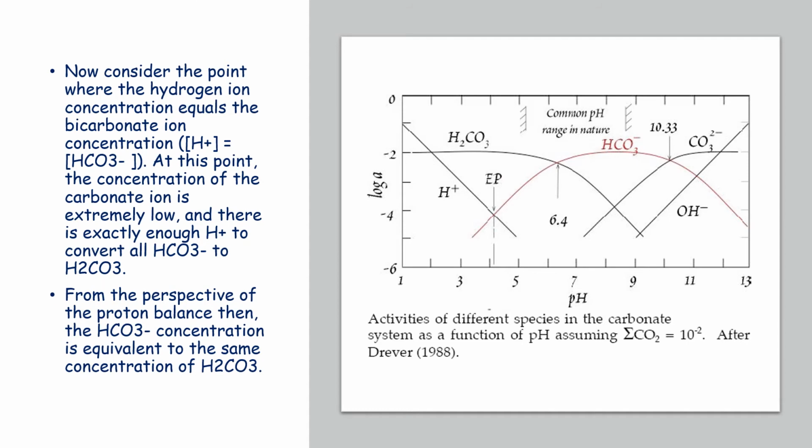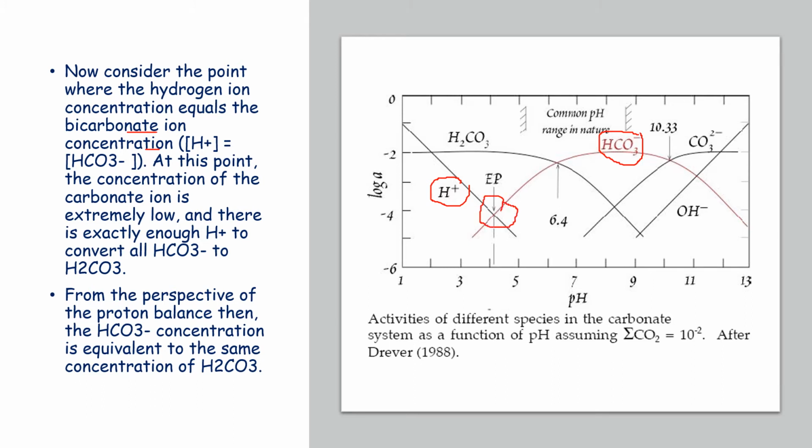Now, once you have that information, you consider the point where the hydrogen ion concentration, this guy, equals the bicarbonate ion concentration, which is this guy. Where is that point? That point is here.